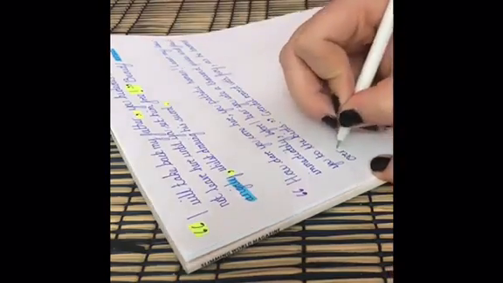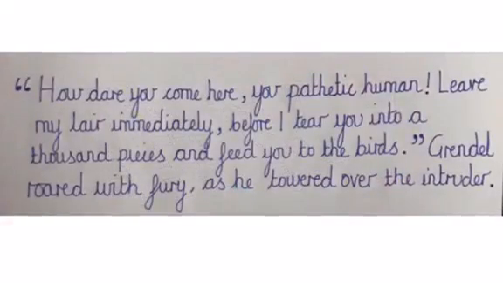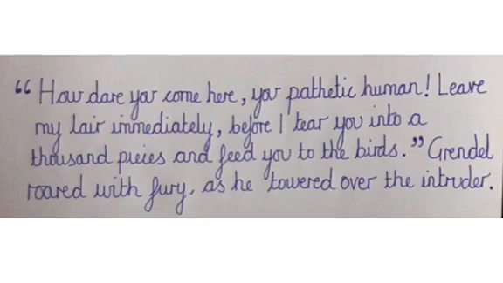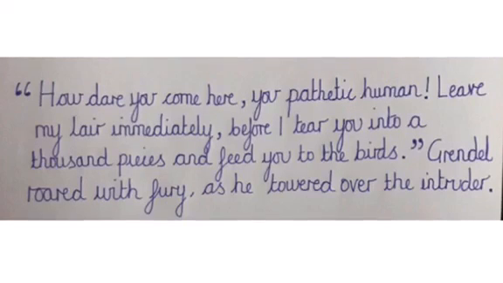I'm going to use the powerful speech verb roared. Grendel roared with fury. And finally, I'm going to use my subordinate clause as he towered over his intruder. My conjunction is as.